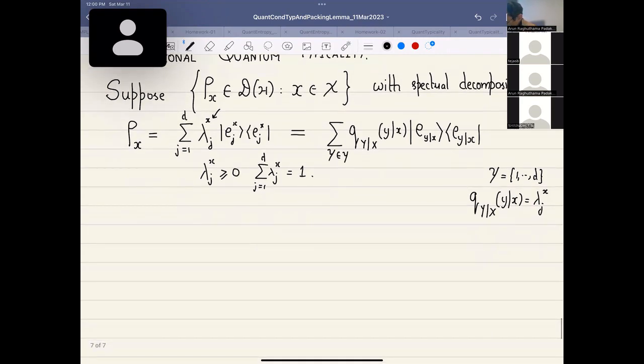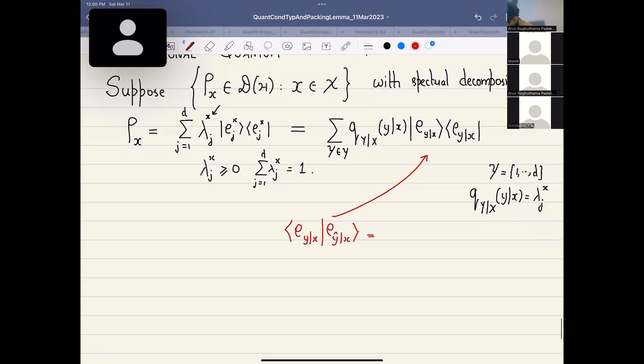So keep one thing in mind. If I fix my x and I look at the inner product of e y given x with e y hat given x, I'm looking at two eigenvectors of the same rho x. This will be delta y, y hat.